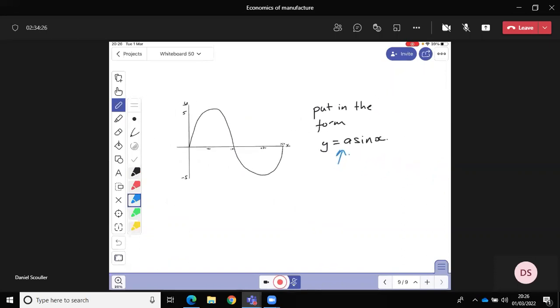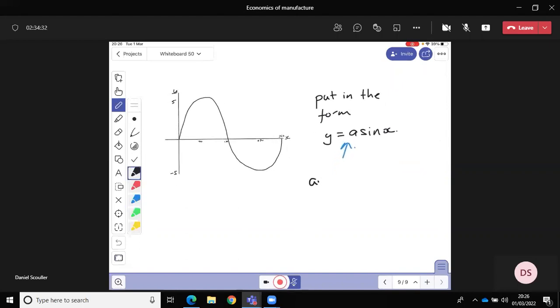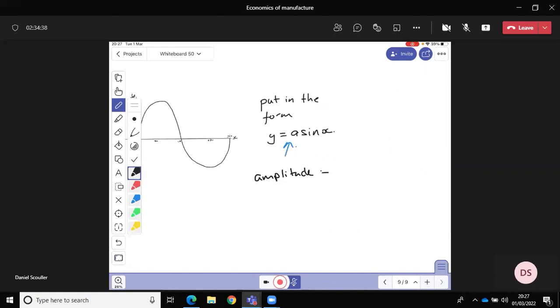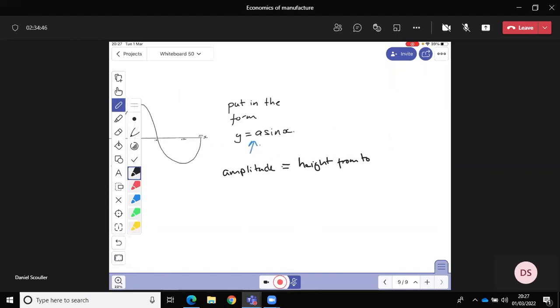So in this case, and I'll write it out fully so you can see it, your amplitude is found by taking the height from the top, or your maximum, to the bottom, or your minimum, and dividing that by 2.